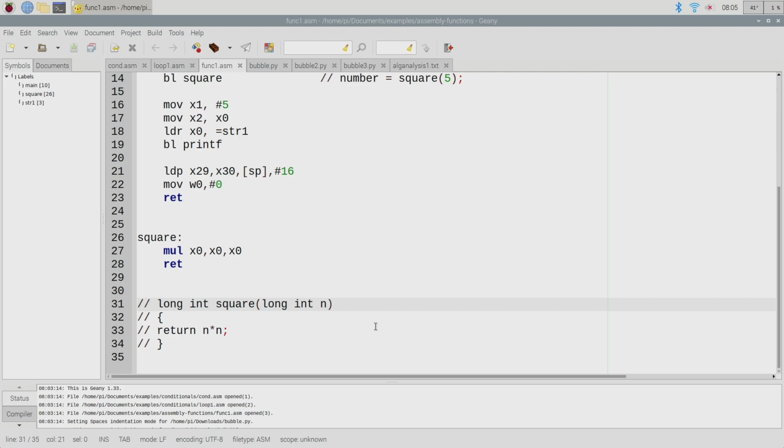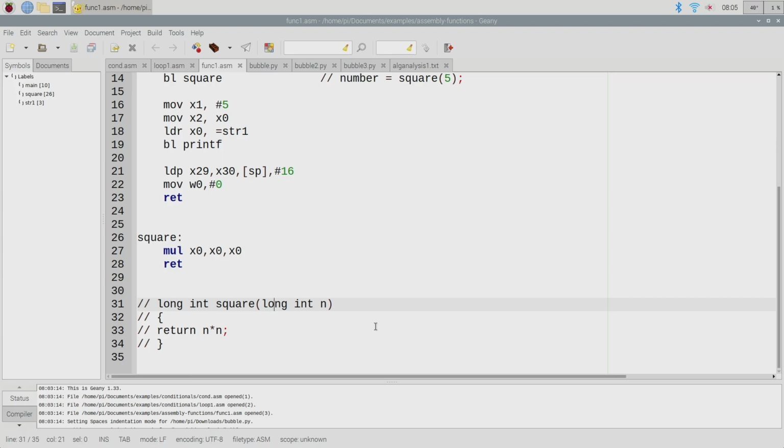Not the W's, which are just the lower 32-bit halves of those, and not S or D, which is where floating point stuff goes. So looking at the assembly for the square function, we know it's accepting a 64-bit integer rather than a 32-bit one, because it's using the X registers, not the W ones.